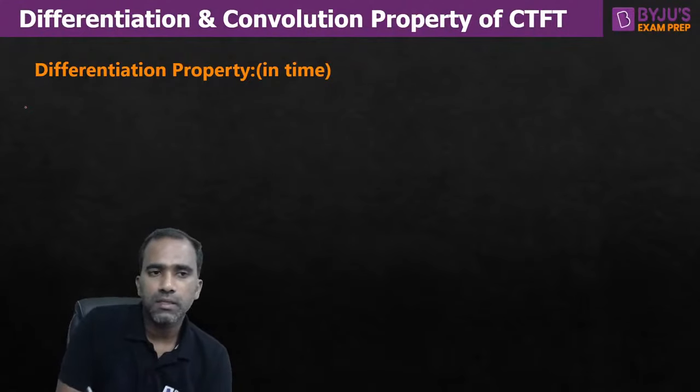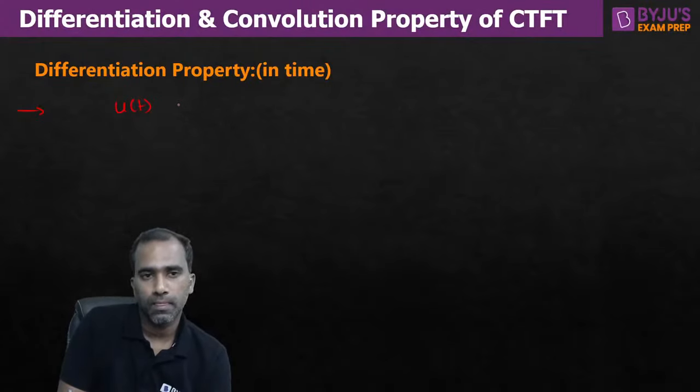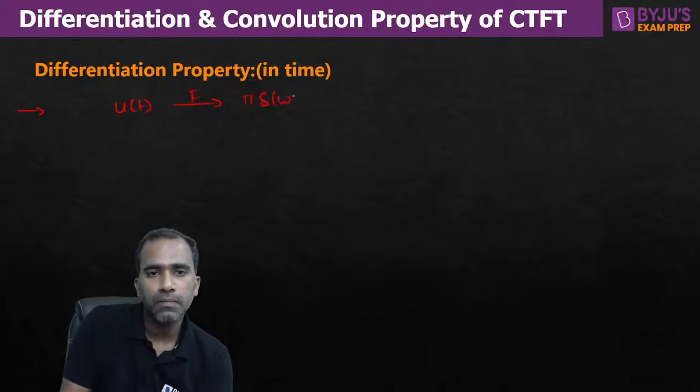Let me discuss some examples for this. Look at this one. u of t. Do we know the Fourier transform for this? Yes. It is pi into del of omega plus 1 by j omega. Let's test this property, whether it is giving it correctly or not, just for practice sake. d by dt of u of t.